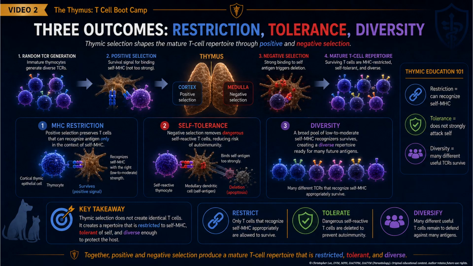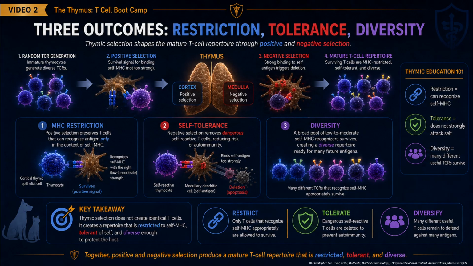T cells should not strongly attack self-antigen. Negative selection removes many dangerous self-reactive T cells, reducing the risk of autoimmunity. Third, diversity. The immune system still needs many different T cell receptors. We do not want a tiny identical army of T cells. We want a broad repertoire capable of responding to many future antigens.